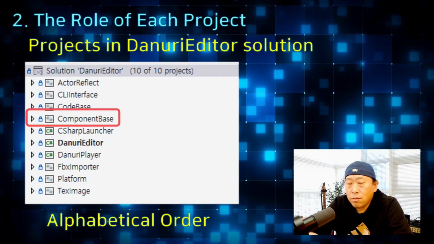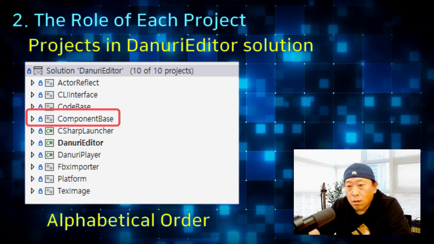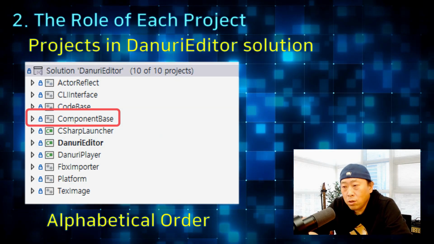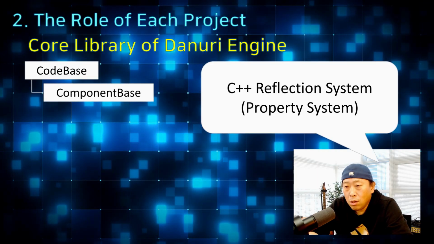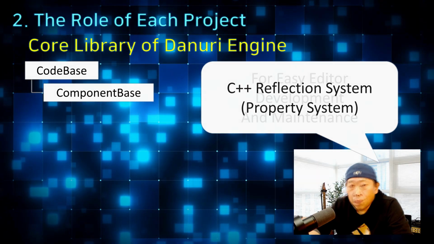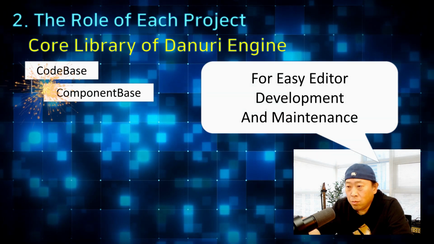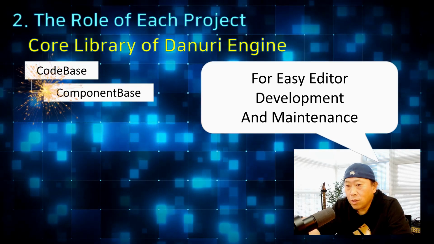Next, there is the component-based library. The component-based library is for implementing the C++ reflection system. Also, it is called the property system. The reflection system makes the properties of Danuri scene objects visible in the editor, for example.